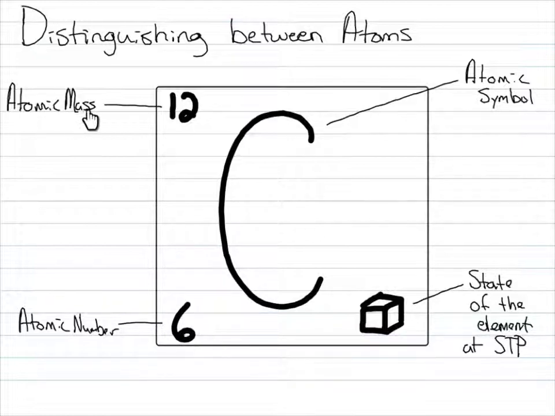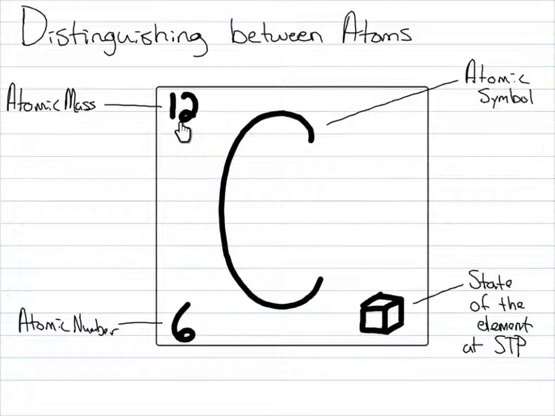You also have the atomic mass, and different periodic tables represent that to a different number of significant figures. This one's only representing it to the first 2 digits. The actual atomic mass of carbon is a very different number. It's actually 12.011, and then it goes on and on from there.